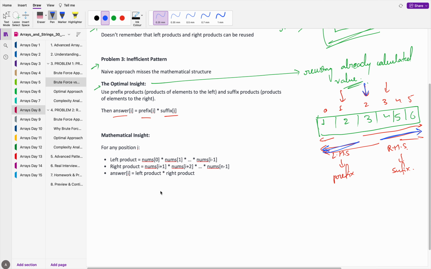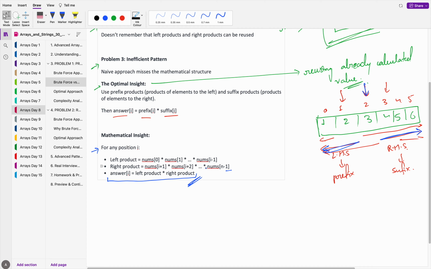So for any position I, the left product would be nums 0 till I minus 1. The right product would be I plus 1 till nums n minus 1, the last item. And the answer would be left product times right product. This is the broken down version of the whole formula.